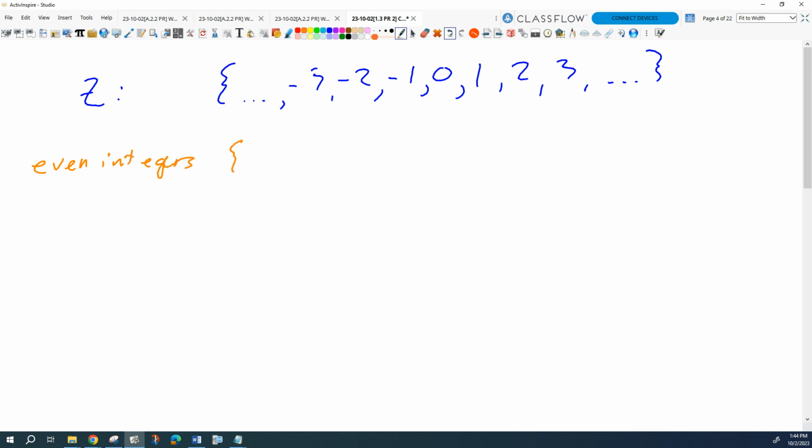What would I have to do to each of these integers to create an even integer? Well, I could multiply by a specific number: 2. If I double an integer, I'm guaranteed to get an even integer. Look what happens if I double all these. If I double 0, I get 0. If I double -1, I get -2. If I double -2, I get -4. You get the idea?